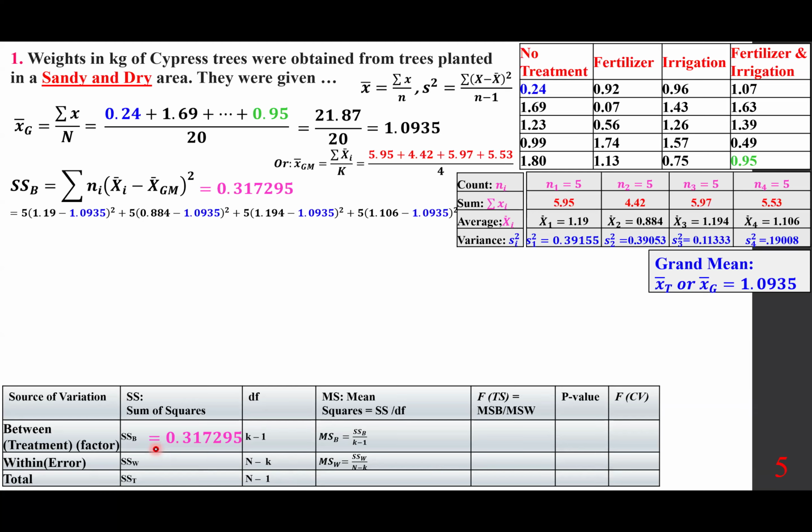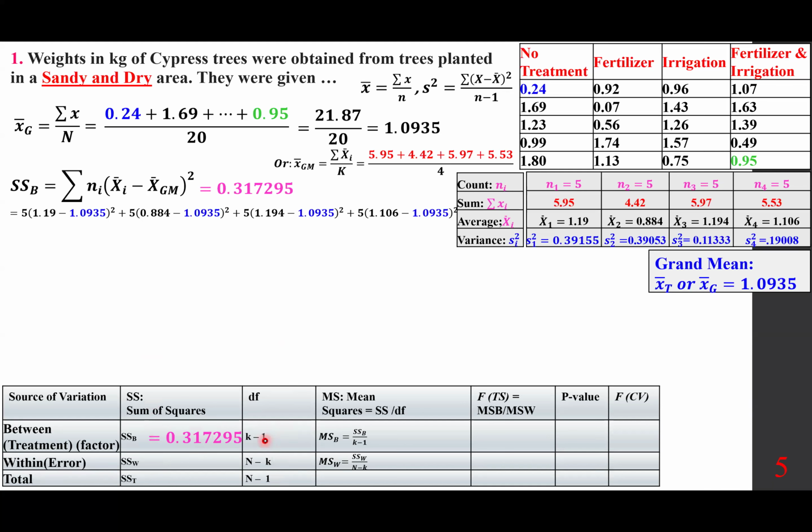So that's pretty straightforward, everybody, so far. The next thing is, let's fill up degrees of freedom, because in order to get to the next column, we need those, and we're going to divide what we find in this column by this column.